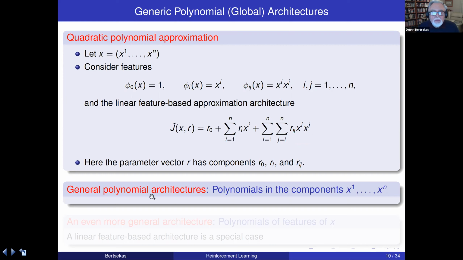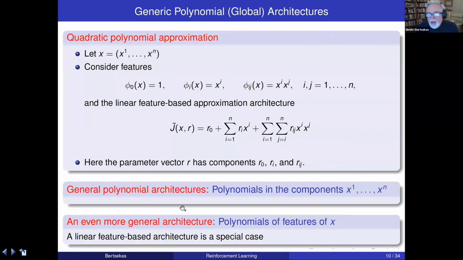All of this is possible. It's a generalization of this quadratic architecture. Both of these are global architectures because if I change a single parameter, then this is going to affect every state, okay? It's going to affect the approximation of every state because it weighs directly the states over the entire space.